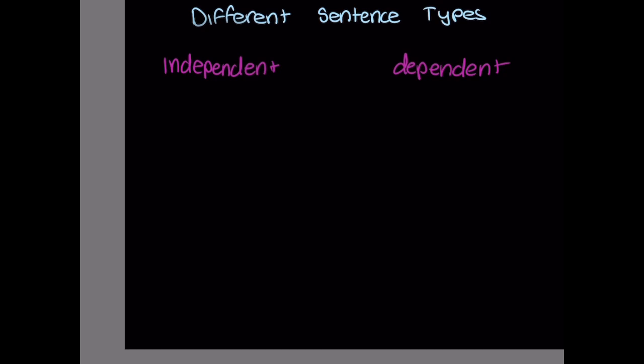Actually wait, let me just explain this to you real quick. Independent, dependent, you think X and Y, like math. If you're not there yet, basically, dependent means you rely on the independent variable. Let me give you an example.